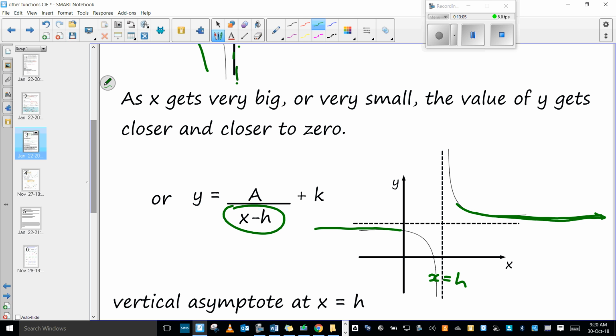Your calculator will always approximate if it's got too many digits. And that will tell you the equation of the horizontal asymptote. The reason being is that this graph is getting closer and closer to something, and as this happens, our x value is getting bigger and bigger. Does that all make sense?